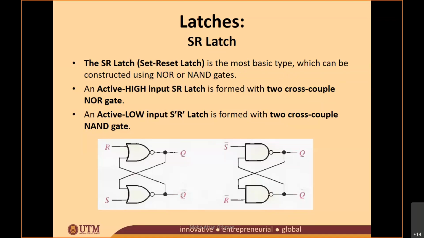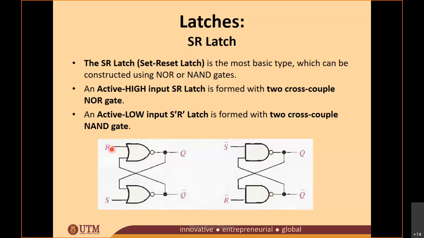So an active high input SR latch is formed with two cross-coupled NOR gates. Kalau kamu nak buat active high input SR latch, kita kena guna two NOR gates that are cross-coupled. Okay, so this is an active high input SR latch. Kamu tengok ni, kamu ada dua NOR gate.